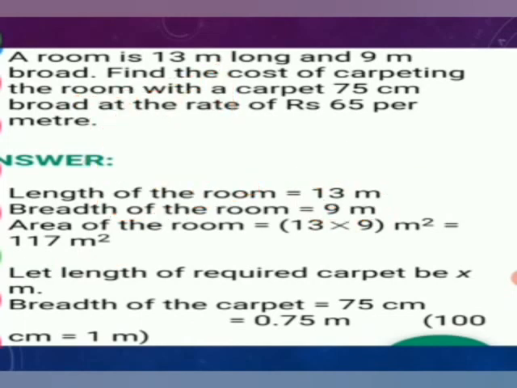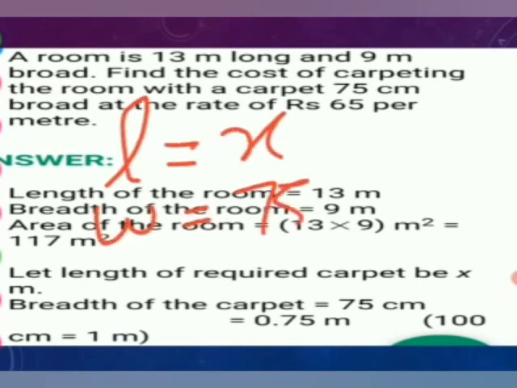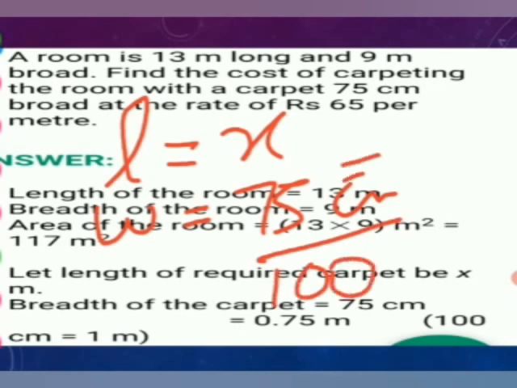Now let us consider that the carpet length is x and the width is given as 75 centimeters. Since the room is given in meters, the carpet width also will be converted into meters. So the 75 centimeters will be divided by 100, so it will be 0.75 meter. So the width is 0.75 meter and the length is x.